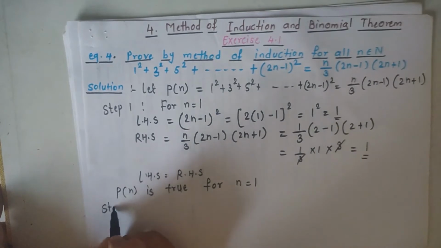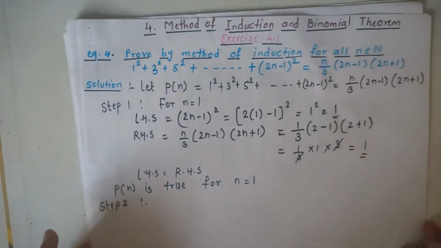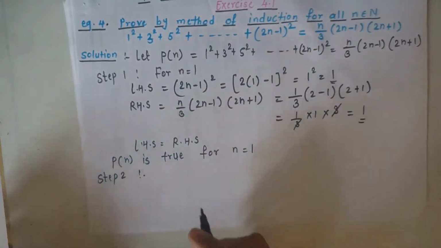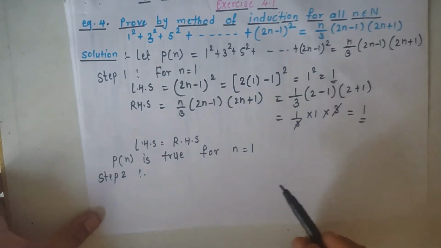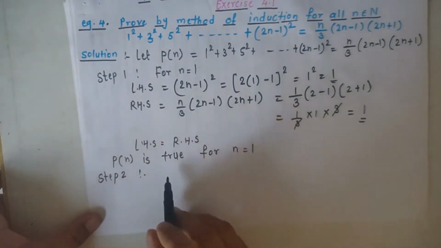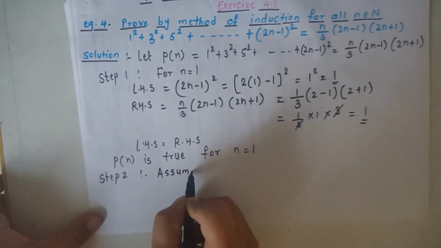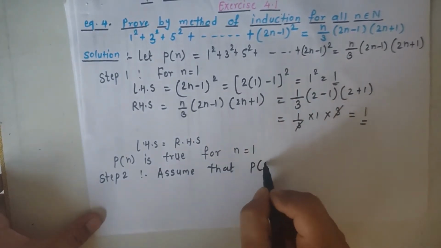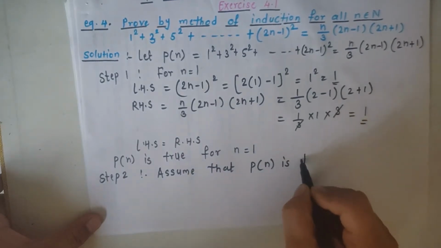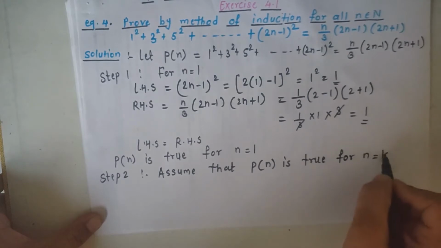Now in step 2, assume that P of n is true for n is equal to k.